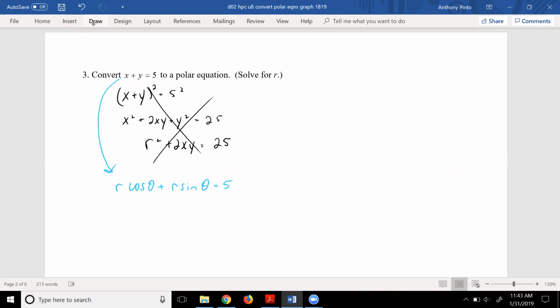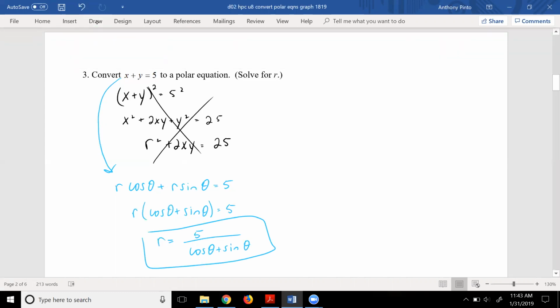And then we just simply solve for r by factoring out r. And we get r equals 5 divided by cosine of theta plus sine of theta. And that's our answer.